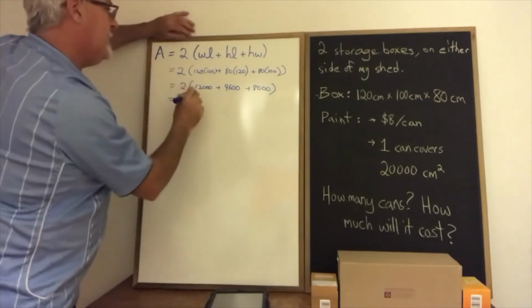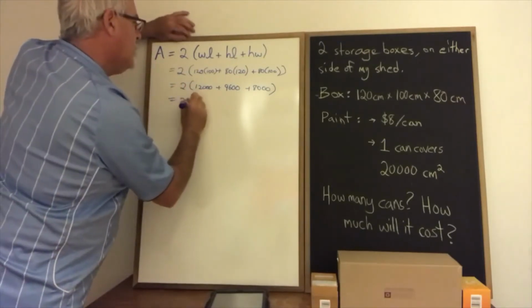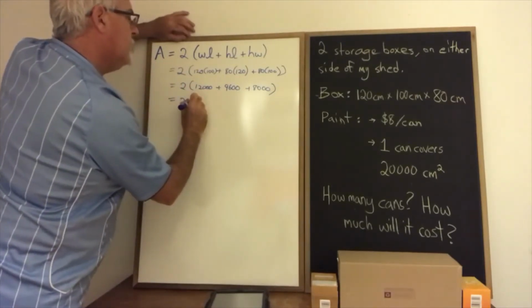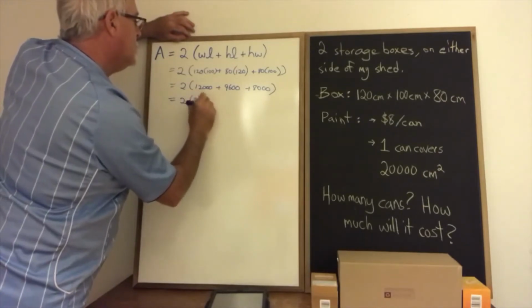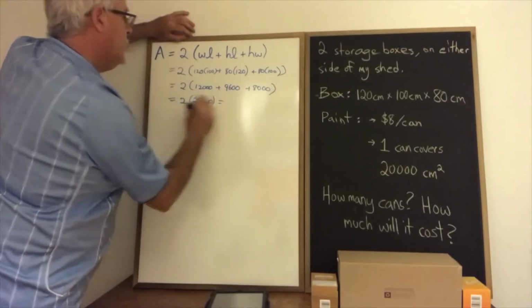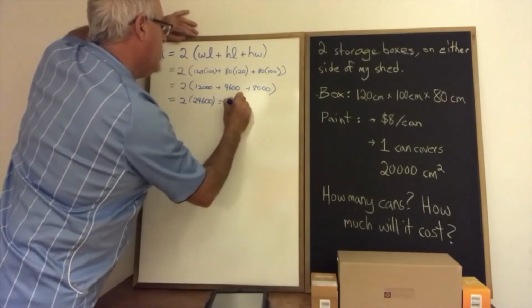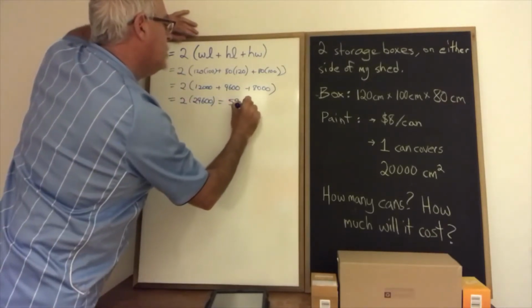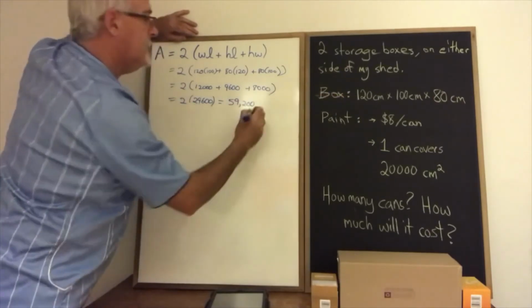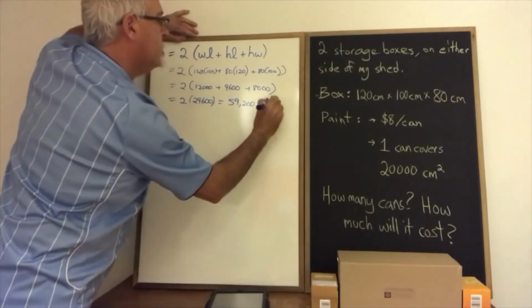Which add to give me 29,600. Multiplied by the 2, that's part of the formula, equals 59,200. And the unit was centimeters, so the unit of area is centimeters squared.